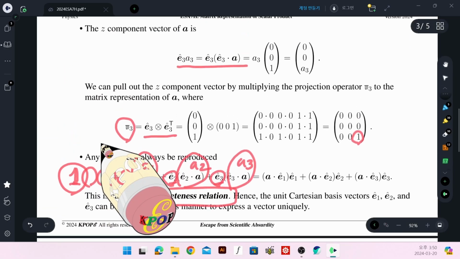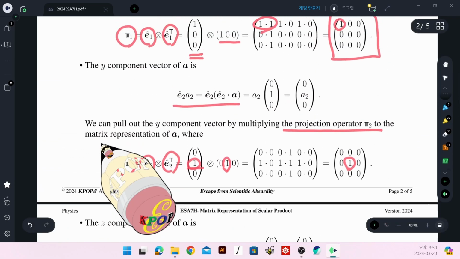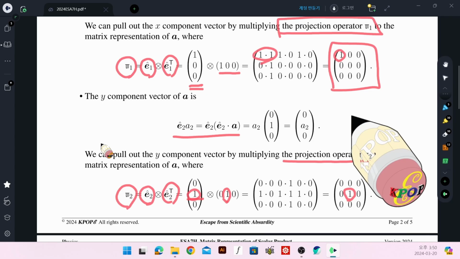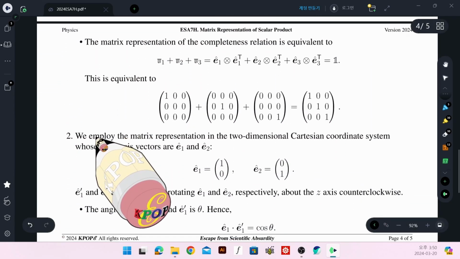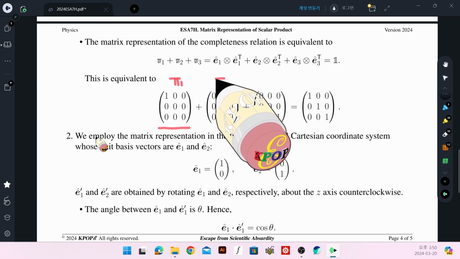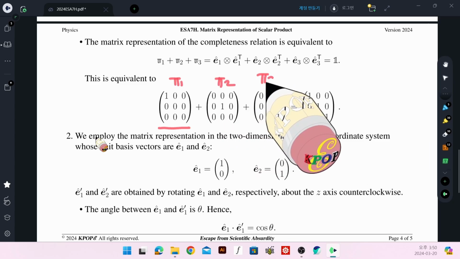By the way, we recall that this is pi 1, and this is pi 2 and pi 3.